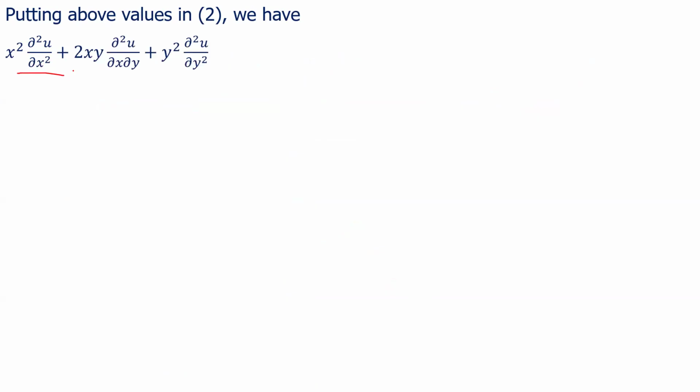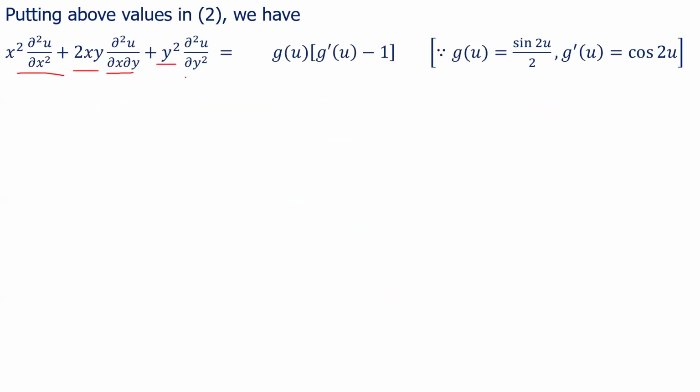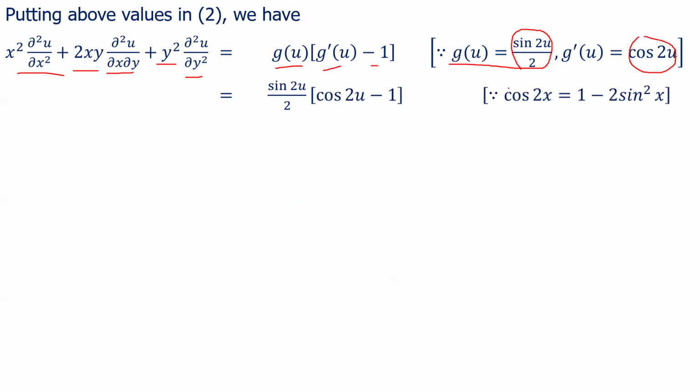Putting our values in equation number 2, we have x² ∂²u/∂x² + 2xy ∂²u/∂x∂y + y² ∂²u/∂y², which is equal to g of u into (g dash of u minus 1). g of u is sin 2u upon 2, g dash of u is equal to cos 2u. So let us put over here sin 2u upon 2 and whole times (cos 2u minus 1).